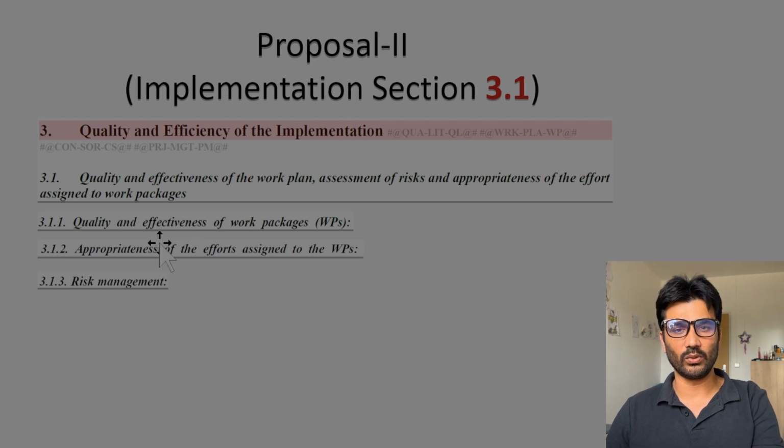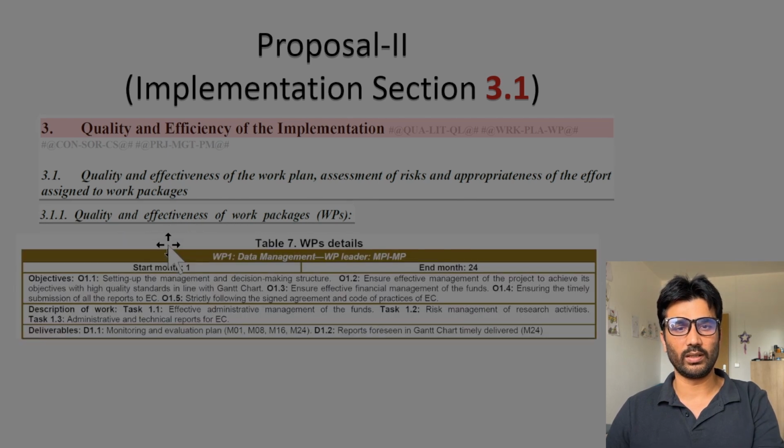So now I go into detail of quality and effectiveness of work packages. Here I added this table. This is the table I'm talking about. This was about 3/4 of a page, and I gave detailed information on each work package. I'm not showing all of them here, but the first, how I wrote it, was this.